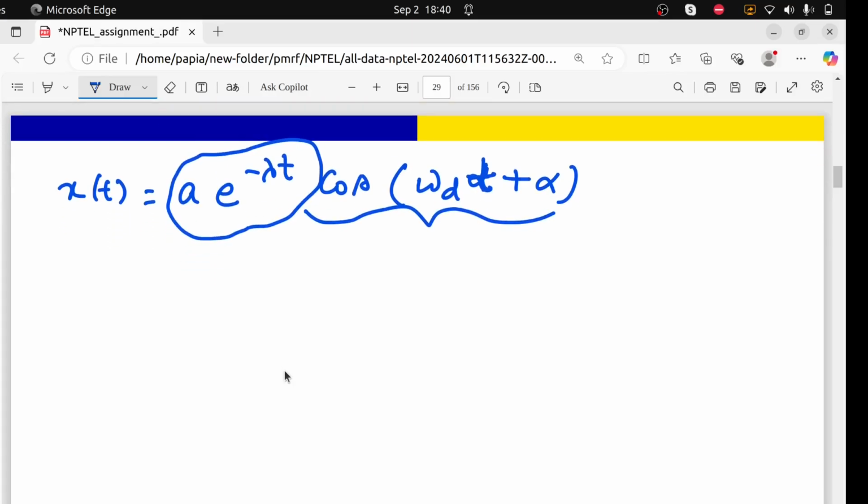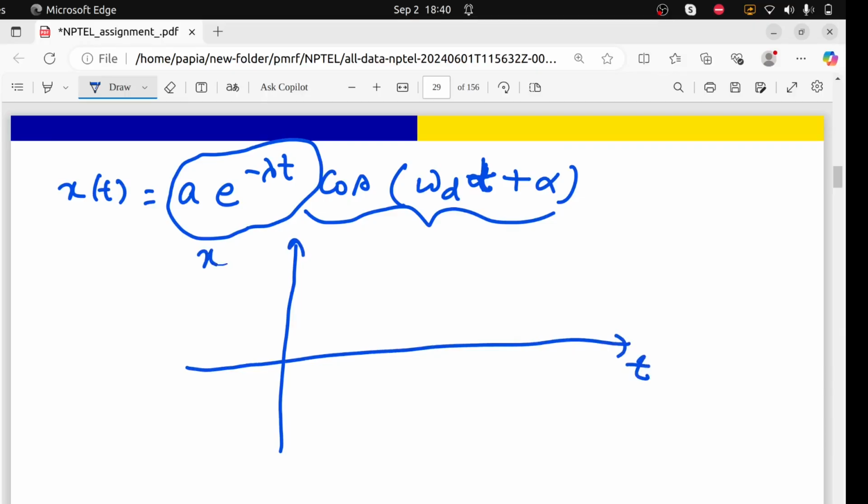So what will be the nature for this case? The nature is like this one. Here it is t, this is x of t. So x of t can go from +1 to -1 because cos goes from -1 to +1, and this will be a boundary for this case. And within that boundary, what is the value? Let's say here t is 0.